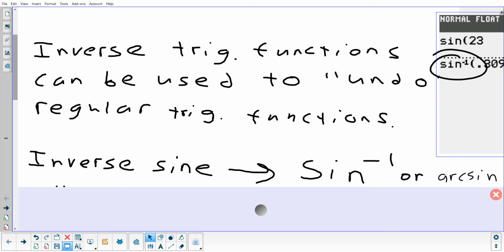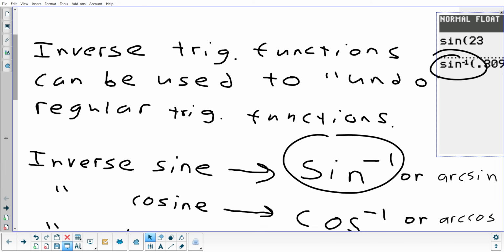Usually when you do inverse sine, you're not going to see it written out as the words inverse sine. You can see it written one of two ways. That's the symbol that I'm going to use, and it's also the symbol you'll see on a calculator. The other way you can write inverse sine is arc sine. That's also an abbreviation for inverse sine.